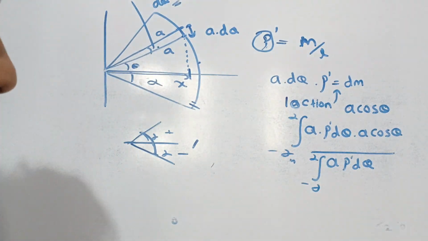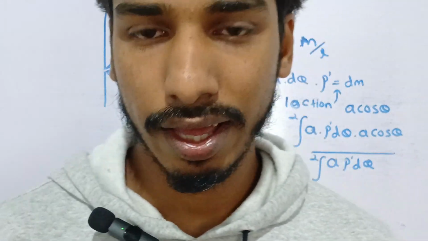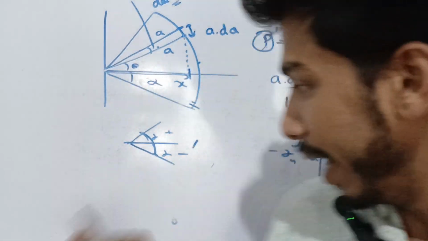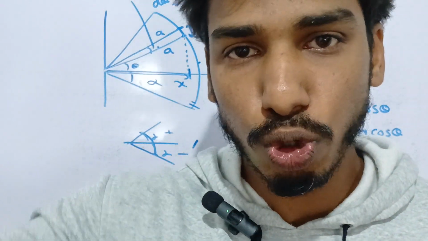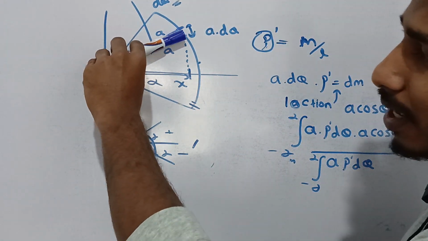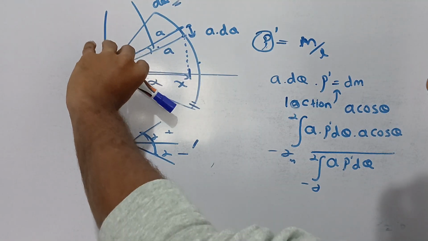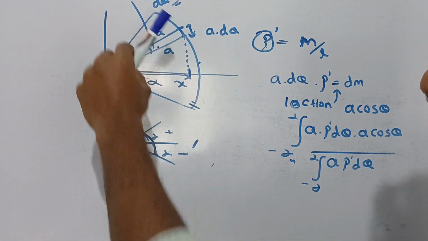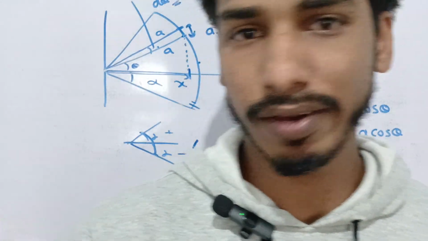In the hollow hemisphere center of gravity we had a similar nature, but we didn't move from minus alpha to alpha, because it was like scooping. I said we were spraying a gun and rotating the hemisphere, so we only moved from 0 to alpha. If you have time, check that video, which will be given in the cards.